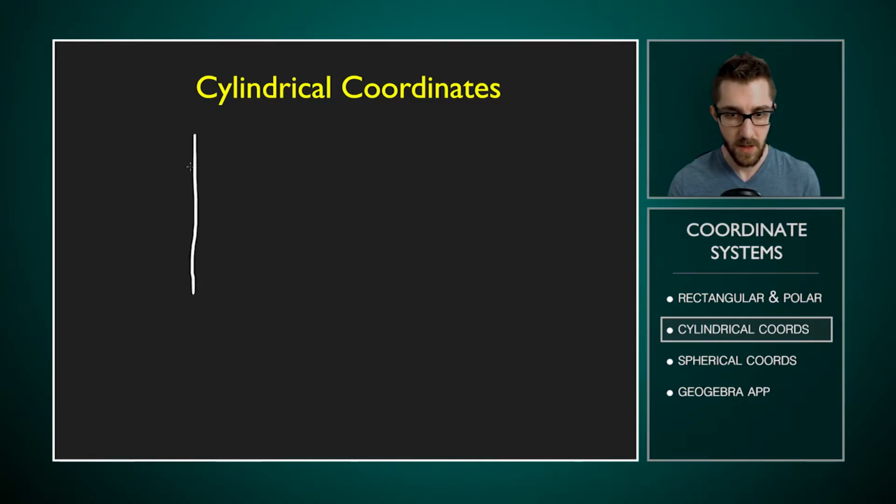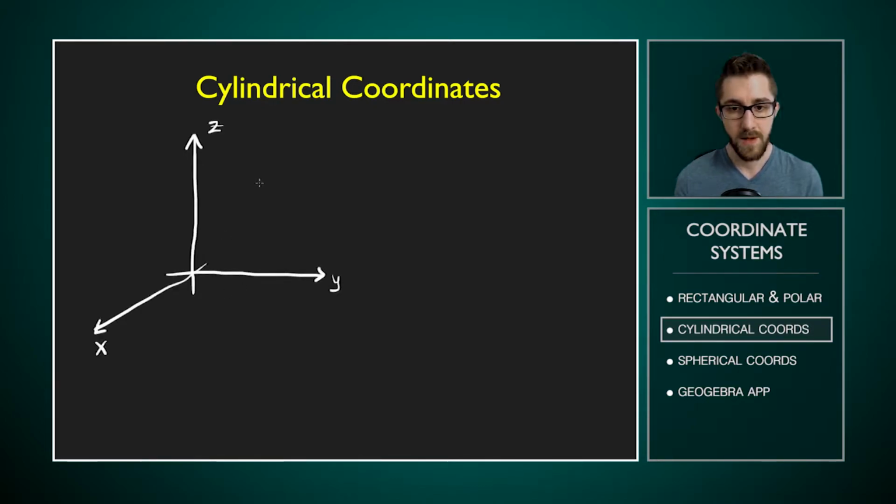So now we're drawing 3 axes. So let's say we have a point here. Now, normally, again, we would use rectangular coordinates to describe the x, y, and z coordinates of this point, which would reflect how far you move in the x, y, and z directions starting from the origin to get to this green point.